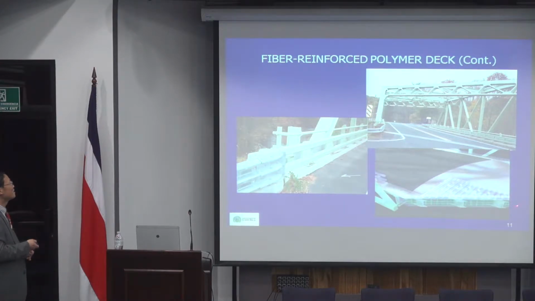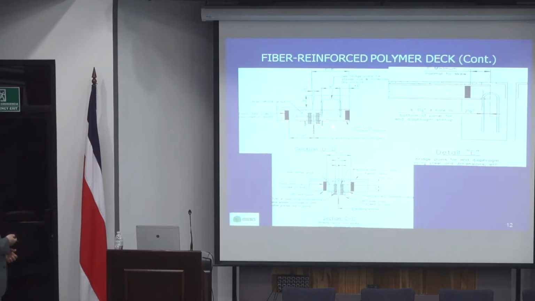Same for the expansion joint. Basically, you punch some holes in these stringers and build a concrete diaphragm. Once you have the concrete diaphragm and the concrete abutment, you can build expansion joints from concrete to concrete like a regular concrete one. So these are the curb details, and these are the expansion joint details.